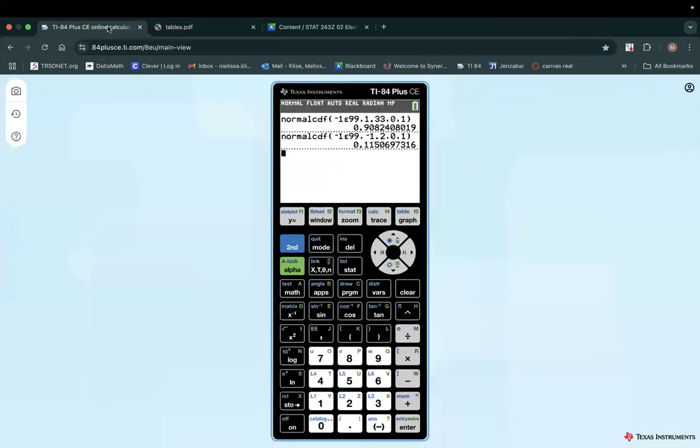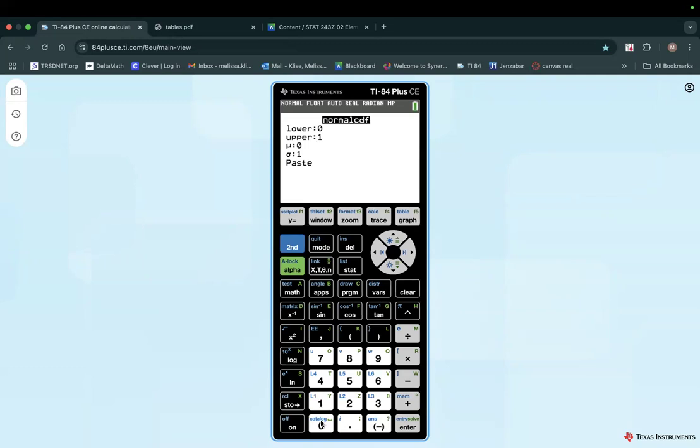So I'm going to jump to the calculator. Second vars, normal CDF. So my lower bound now is 0 because we're going greater than or equal to 0, or greater than 0. So my lower bound is going to be 0 and my upper is going to be positive infinity. So it's done the same way, but we're using a positive number instead of a negative.